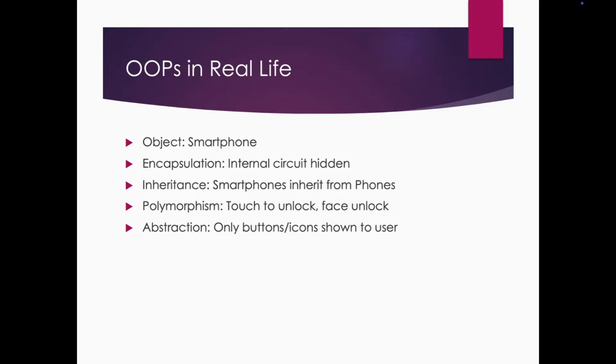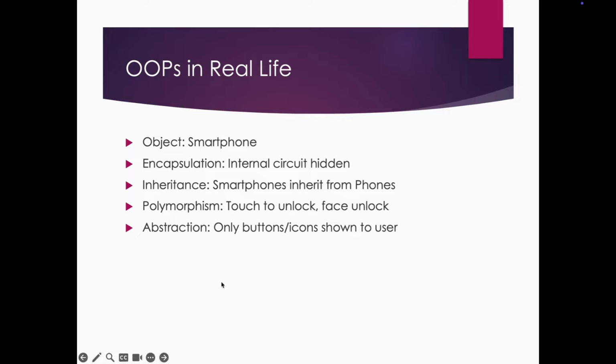Earlier we used phones on which we could dial and talk to our relatives. Today smartphones have taken over the previous generation phones, and we are still able to perform the calling operation which we could perform in the previous phone as well. That is the previous behavior that we are inheriting.